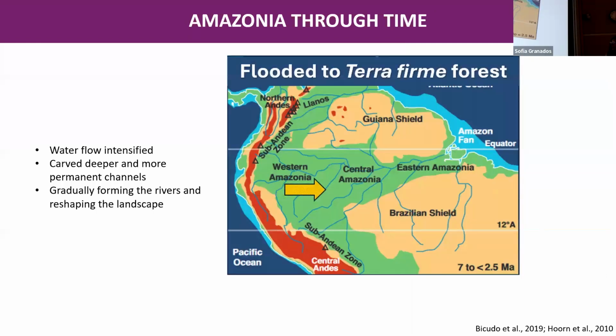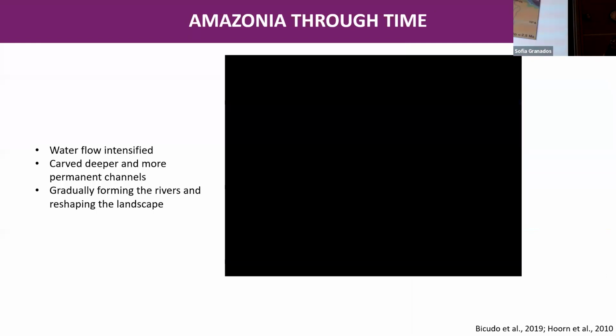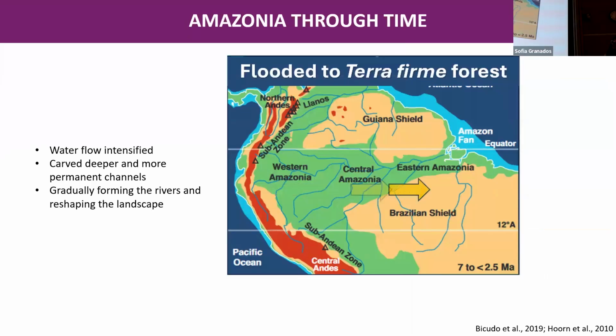During this process, there was a conversion of the landscape, because as the rivers carved more, deeper and permanent channels, the forest here also changed from flooded habitat into terra firme forest.